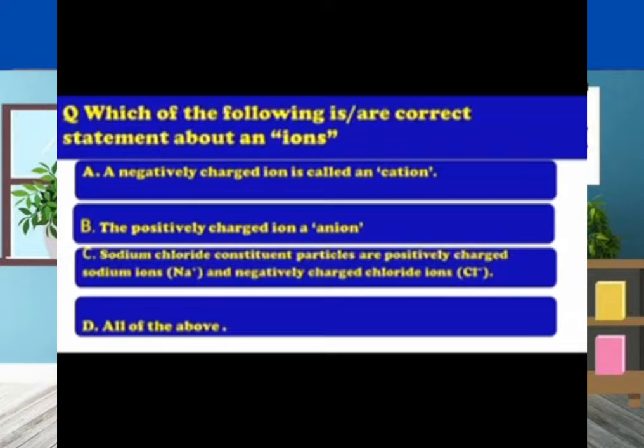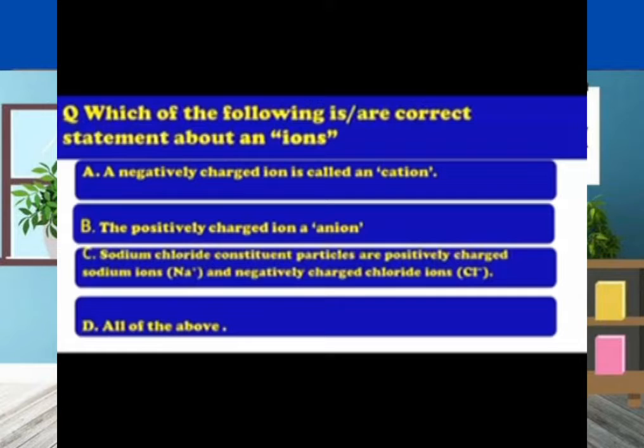The first option, a negatively charged ion is called a cation. B option, the positively charged ion, an anion. C, sodium chloride constituent particles are positively charged sodium ions Na plus and negatively charged chlorine ion Cl minus.